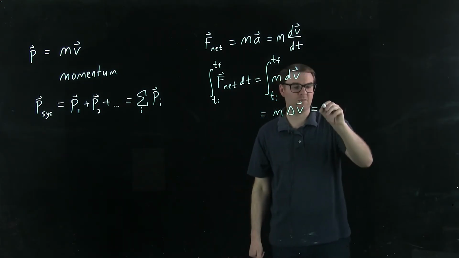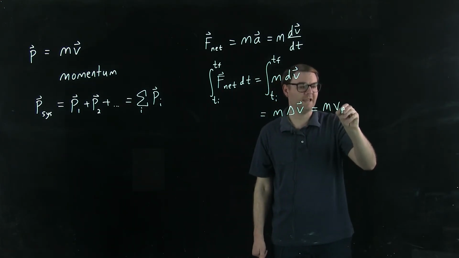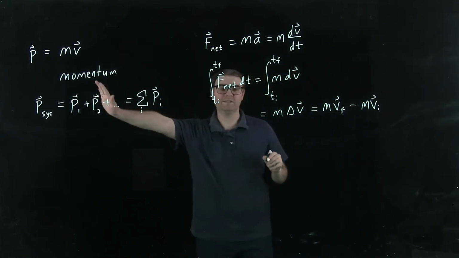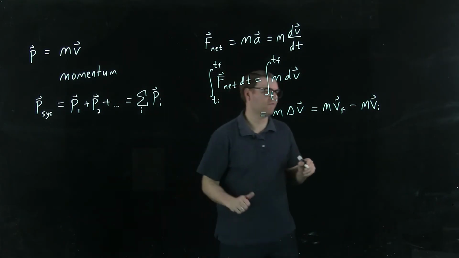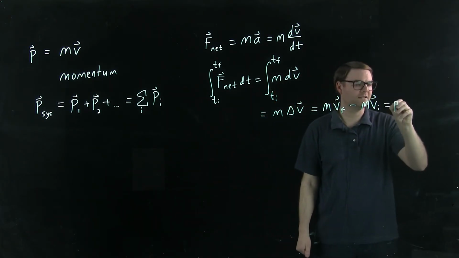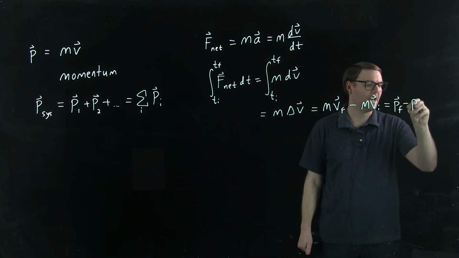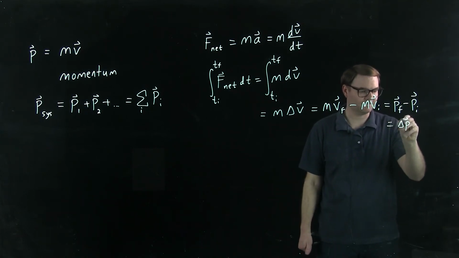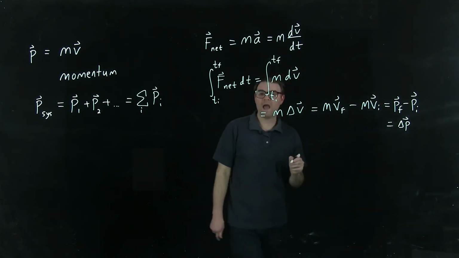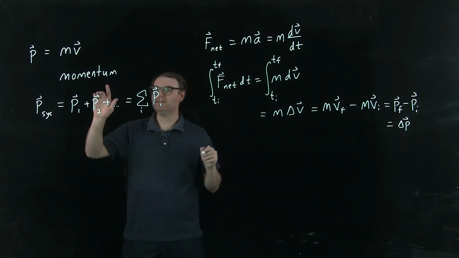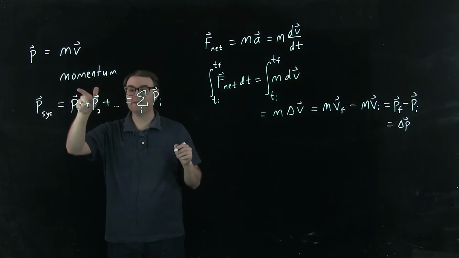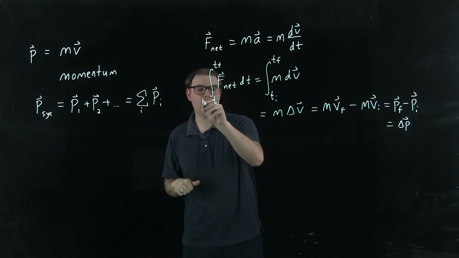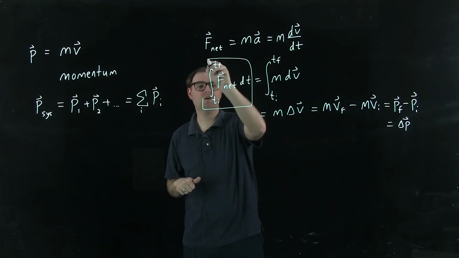Another way of writing that would be mv final minus mv initial, or even if I wanted to use my new quantity of momentum, I could write this as p final minus p initial, or even delta p. So now I see that if I can say something about the change in momentum of a system, I can set it equal to whatever this quantity over here is.